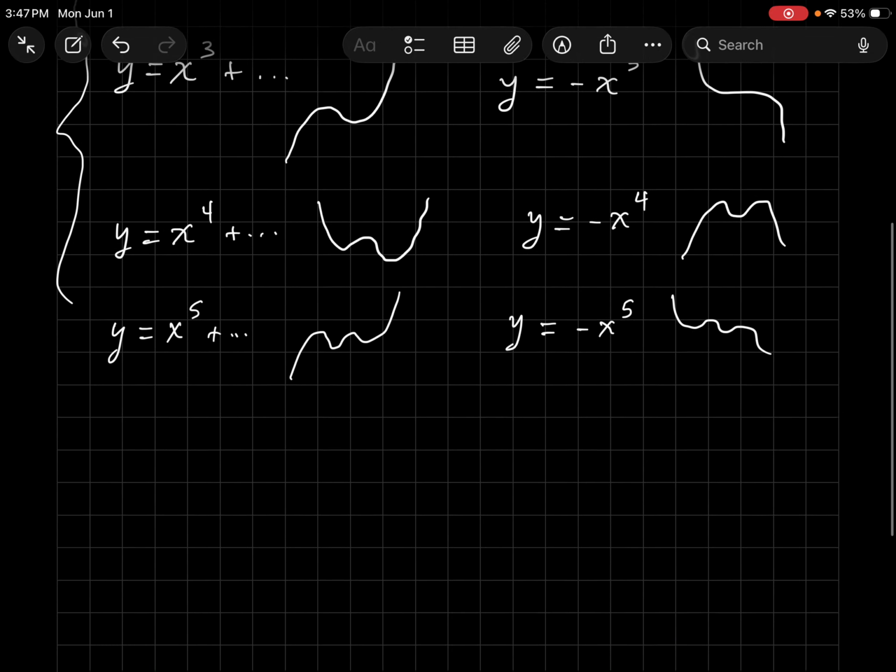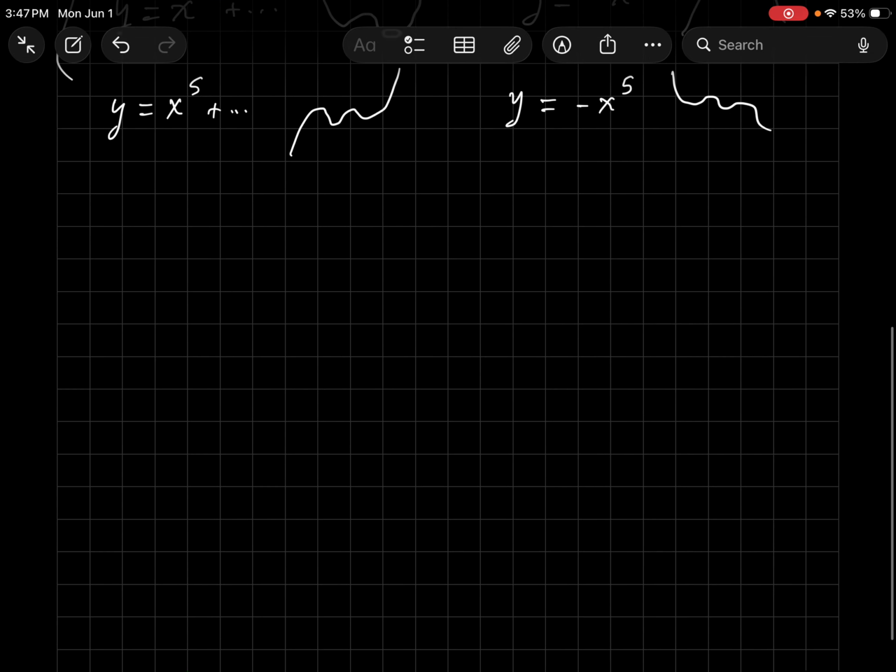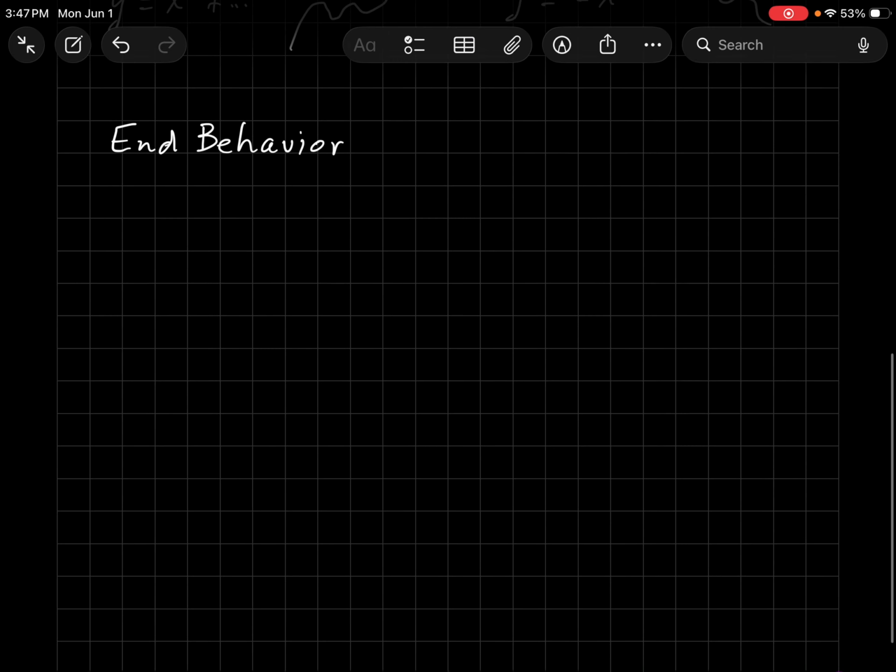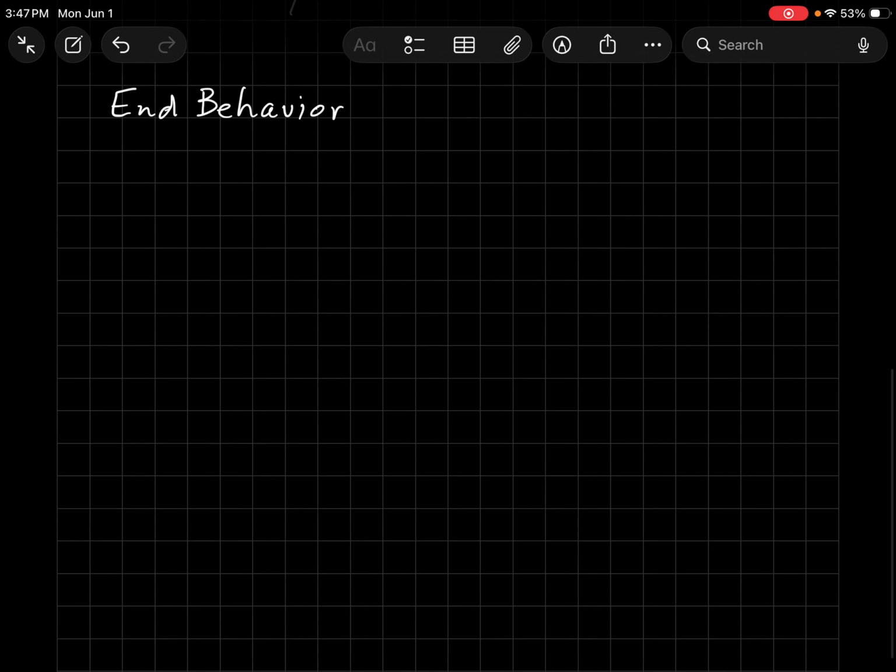And one of those things we can know is what we call the end behavior. So the end behavior is what the graph is doing, of course, at the end of the graph. A little bit more formally, we might say something like this. As x goes to infinity, that's when we're way out on the right side of the graph, what does y do?